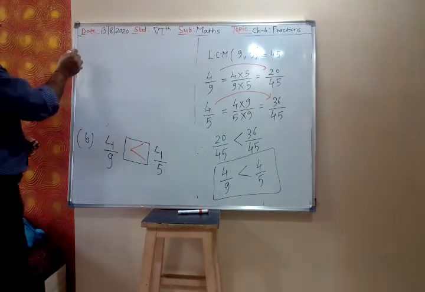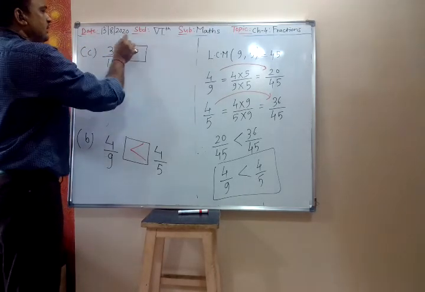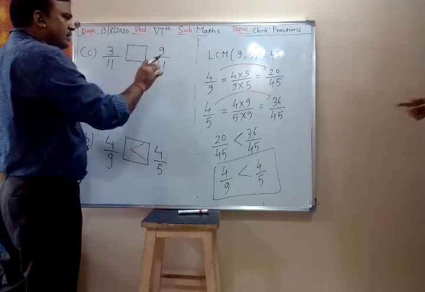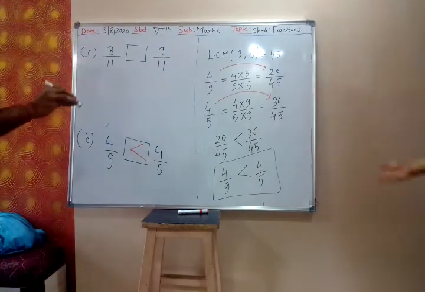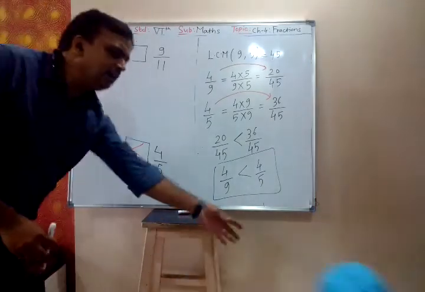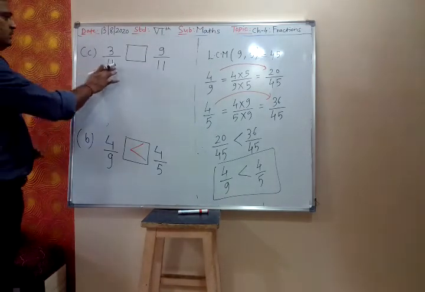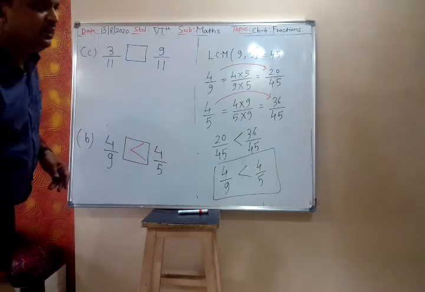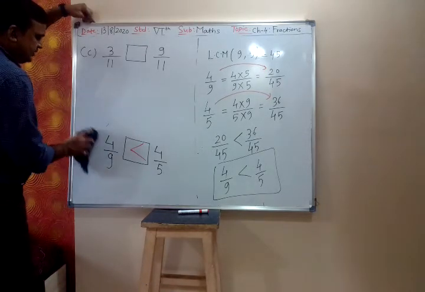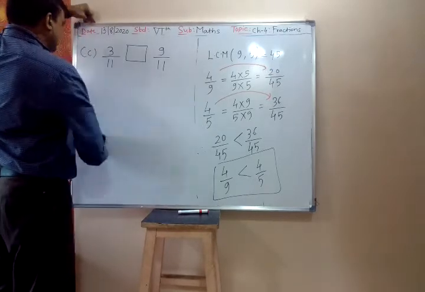Wait. Now see, 3 upon 11 and 9 upon 11. They are like fractions because the denominator is the same.